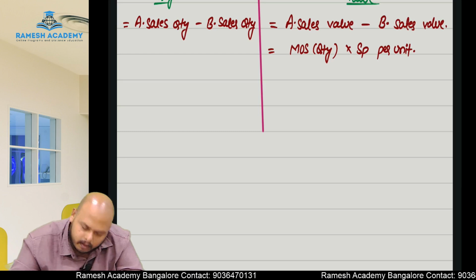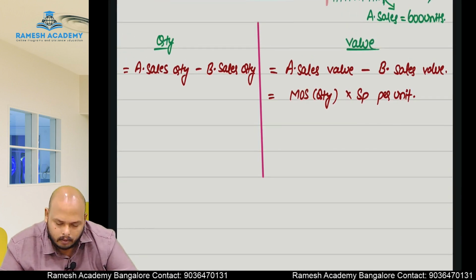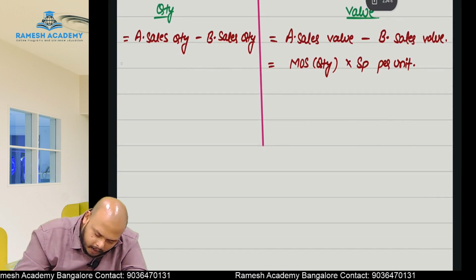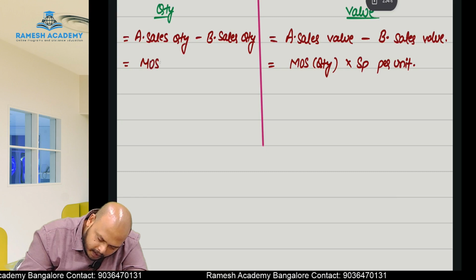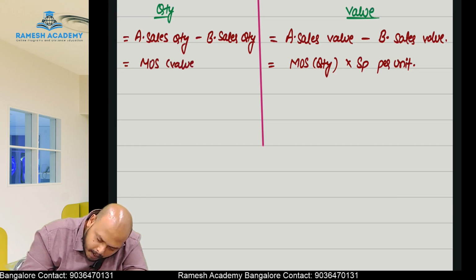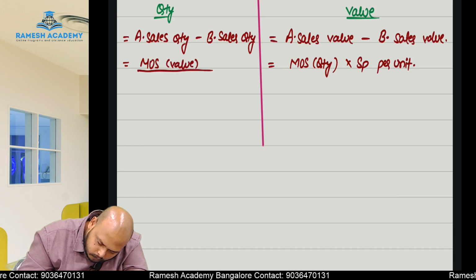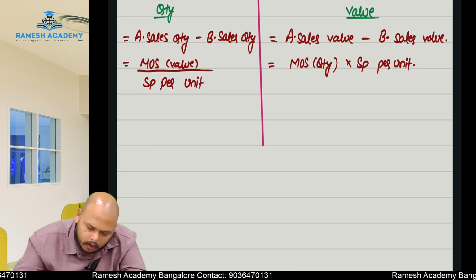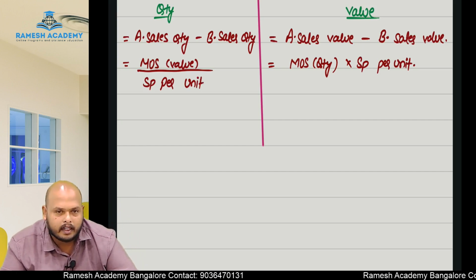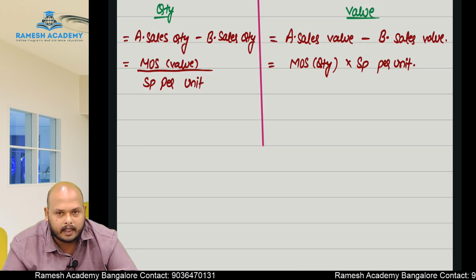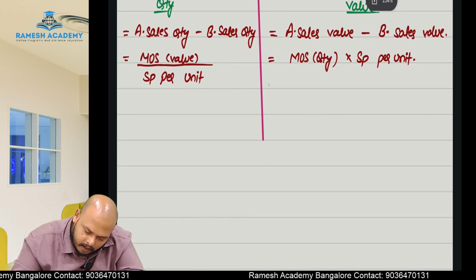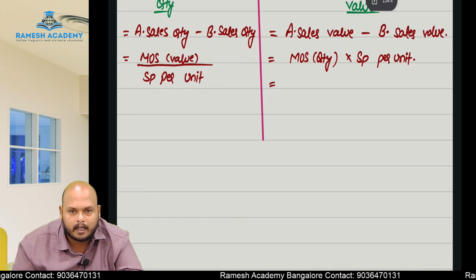Again, margin of safety quantity is equals to margin of safety value divided by selling price per unit. Why? Because selling price per unit, if you send it to the left hand side, it will go under the denominator.